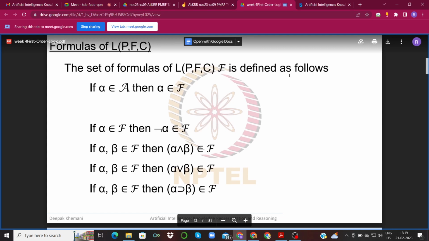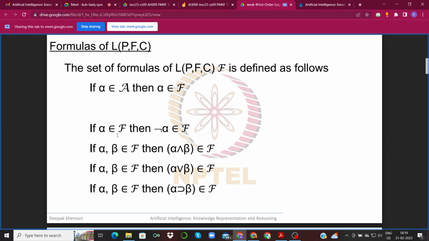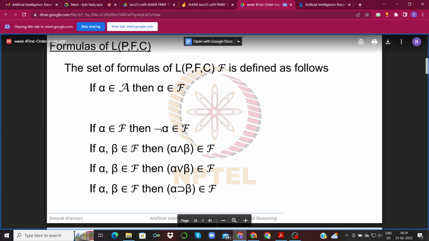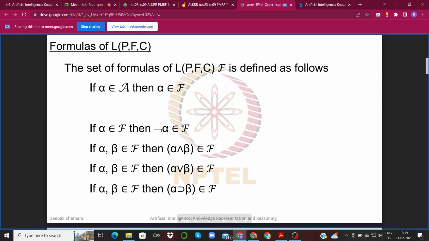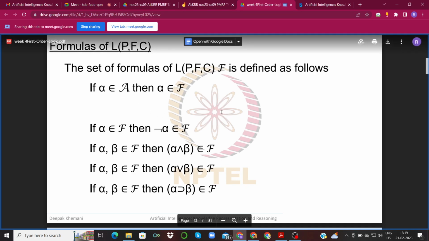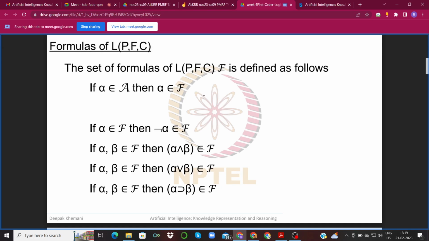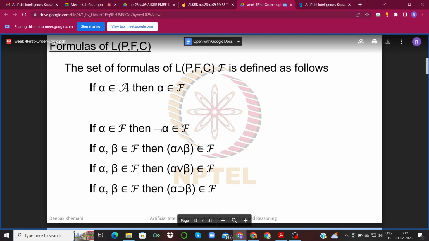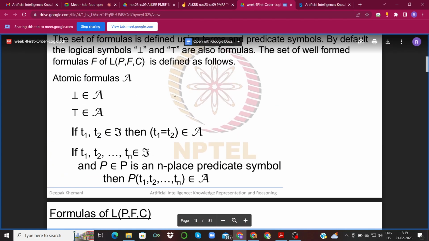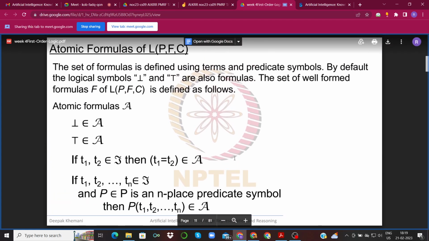The set of formulas is defined as: if alpha is an atomic formula, then it belongs to the set of formulas. If alpha is a formula, then not alpha is a formula. Similarly, if alpha and beta are formulas, then their conjunction, disjunction and implication are also formulas. Let's go back to the definition of an atomic formula. Top and bottom are atomic formulas.